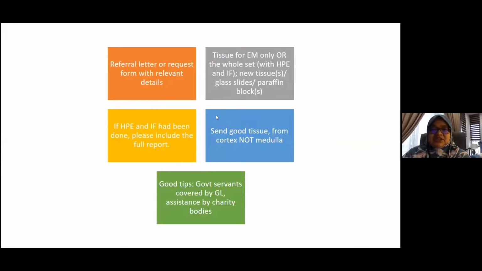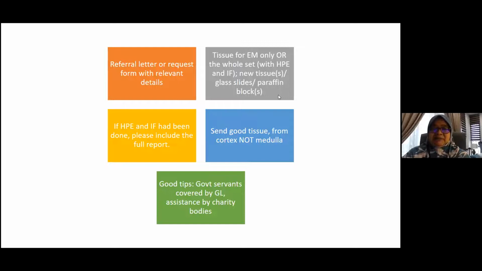Just some notes: please write in relevant, adequate details to help me collate all this information. As you can see, we don't go based on the electron microscopy findings alone; we need to correlate with all the other important pieces of information.